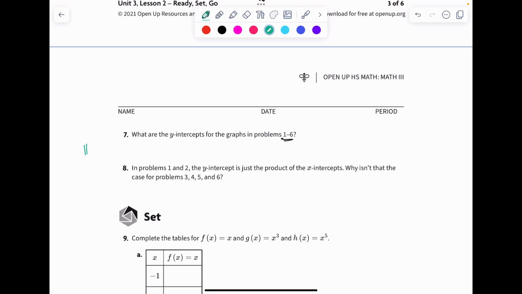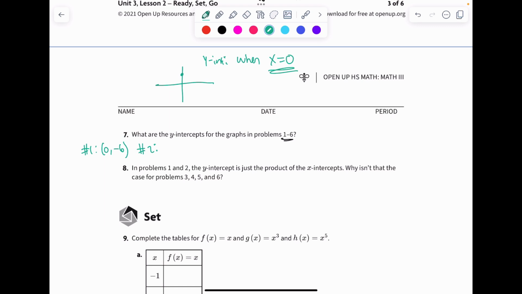Let's say at number 1, my y-intercept was (0, -6). At number 2, and again to clarify, a y-intercept is when x is equal to 0.